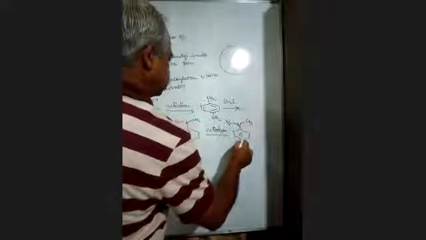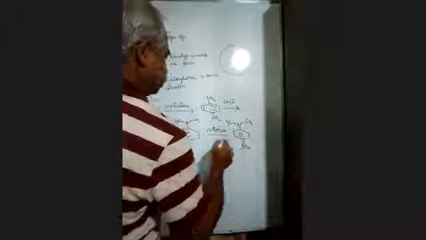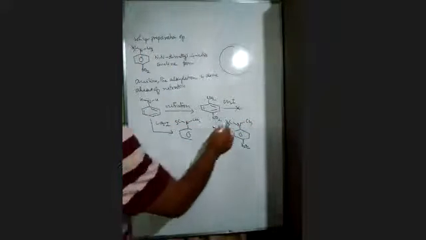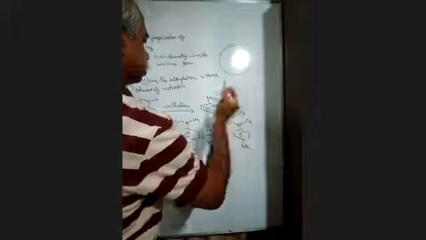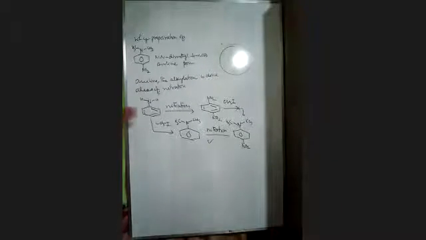I'll give you the question. If we introduce an electron withdrawing group into the phenyl ring, it will deactivate the nitrogen towards nucleophilic substitution reaction because of the electron withdrawing effect, minus I effect or minus R effect.